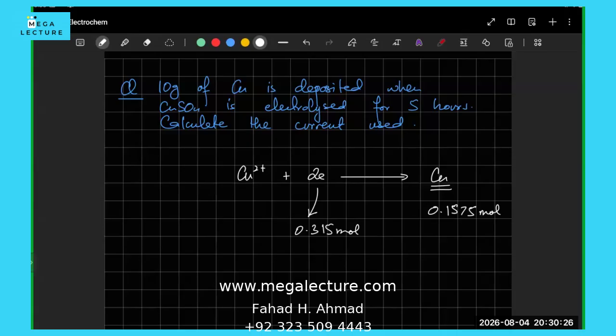Wait. मैंने कहा moles of electrons अगर आ जाए, what can you do with that? What was Faraday constant used for? All right. 1 mole of electrons is 96500. So कितने moles? That's 0.315, right?